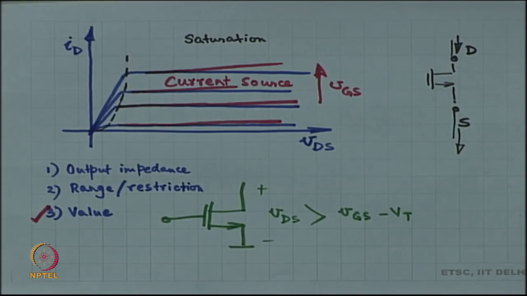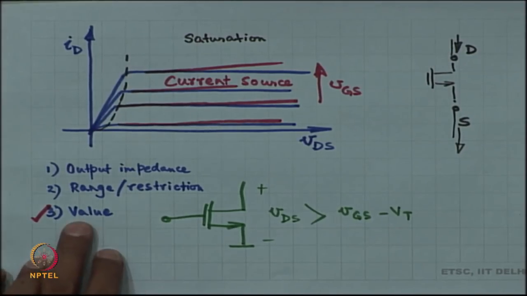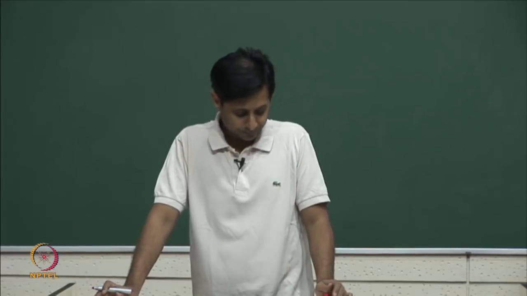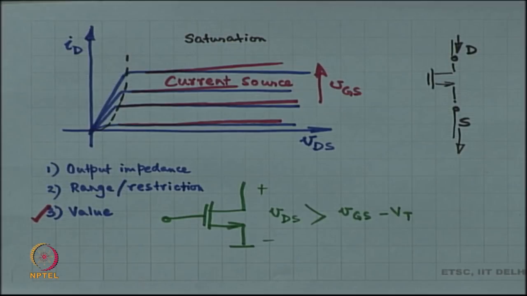Okay. So, if you give me a 1 milliampere current, then I can create any other current source, right, depending on W width and length, I can create any other current source. Okay. So, this value problem is done.